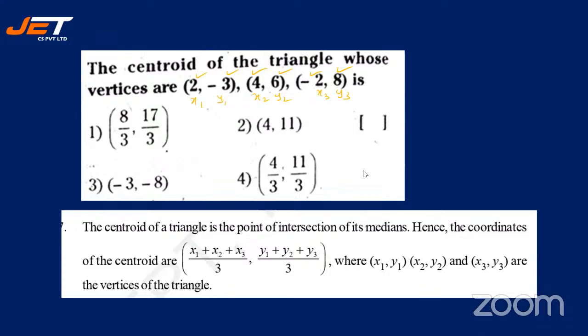Yes, almost all are giving me option 4 only as the right answer. Perfect. It is right. Option 4 is the correct answer. Yes. Fine. Okay, right. So good students, it's very simple.